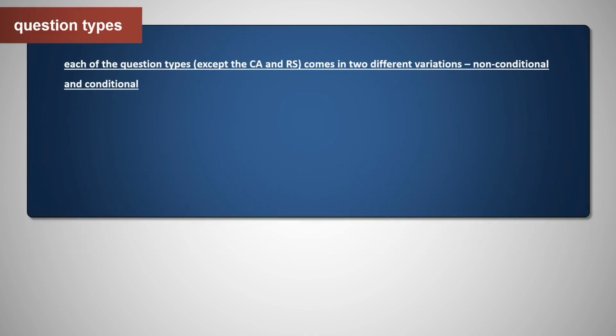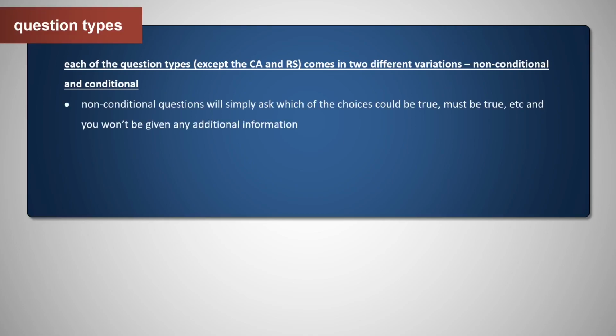Now, each of the question types, except for the complete arrangement and rule substitution ones, come in 2 different variations: non-conditional and conditional. The non-conditional questions will simply ask which of the choices could be true, must be false, etc. Whatever the question type is, they'll simply ask that, and you won't be given any additional information.